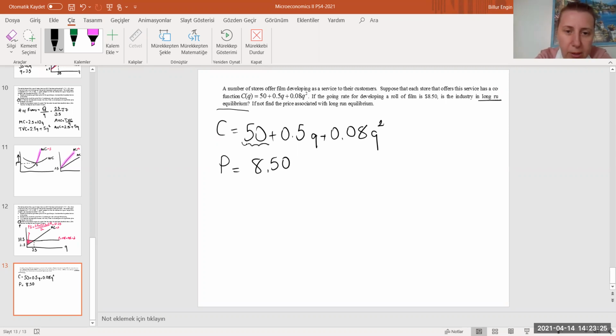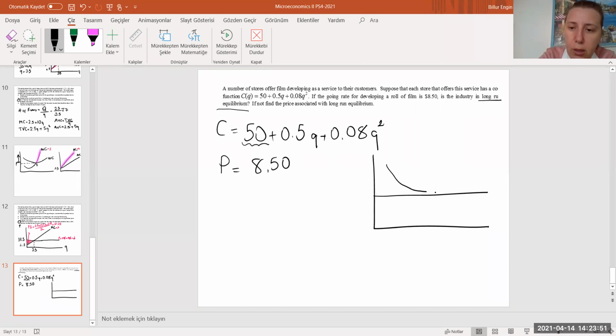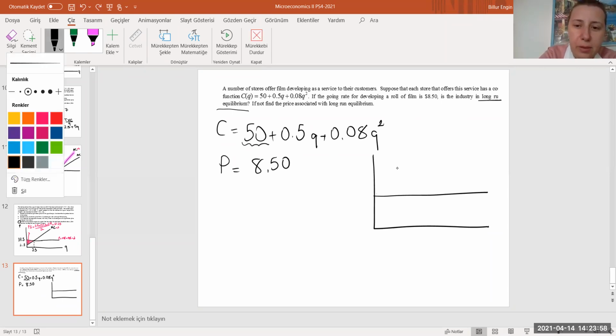Here, please try to see that this is the short run total cost function, right? Because here there is a total fixed cost. So if there is a fixed cost, it means that we are talking about the short run. But there is a possibility, please remember, in the long run equilibrium, both long run average cost and short run average cost are minimized at the same time.